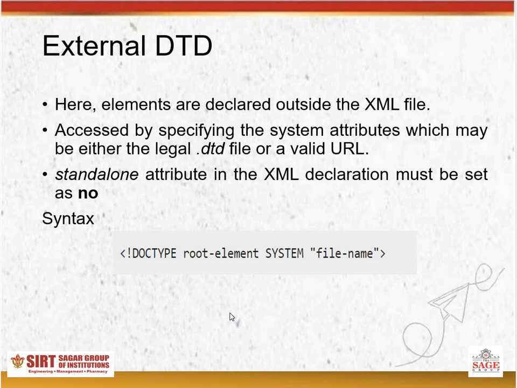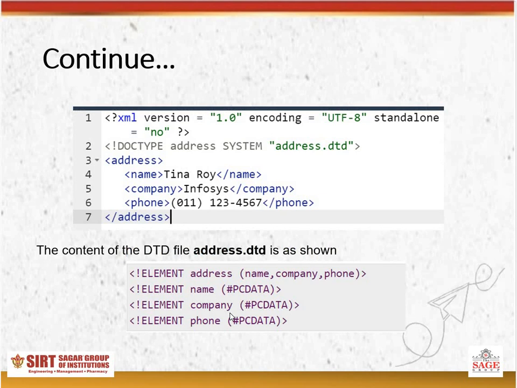And the standalone attribute in this external DTD is to be set to no. It tells the XML document that you are importing something from outside and it is not standing on its own. So this is the example code of an external DTD.